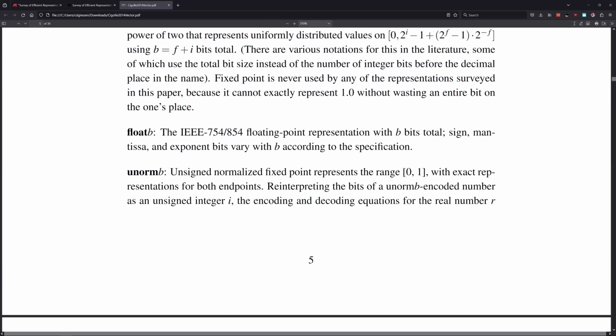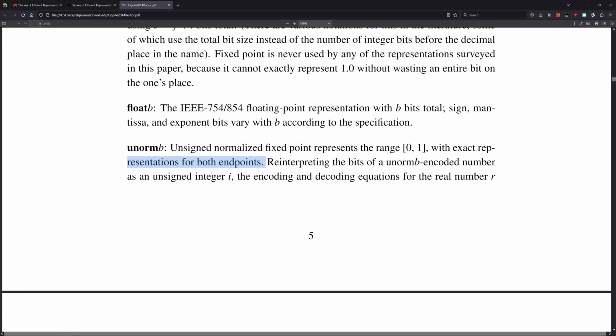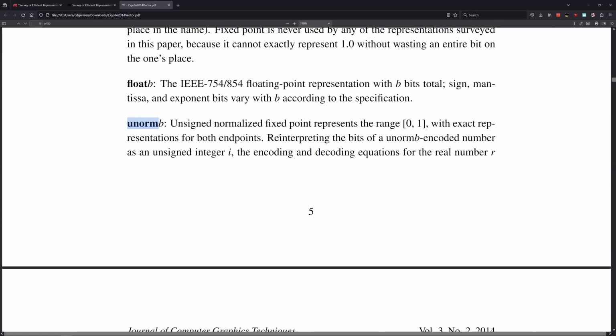So unorm, unsigned normalized fixed point, represents 0 to 1 with exact representation of both endpoints. This is a pretty common thing to do.